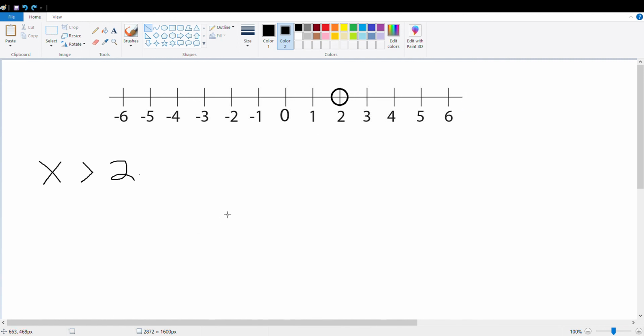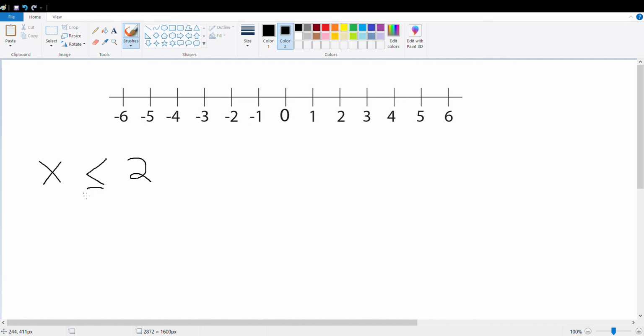Now, one more example that we might run into is example 72.2, so example 2, about halfway down the page on 229. It says graph x is less than or equal to 2.